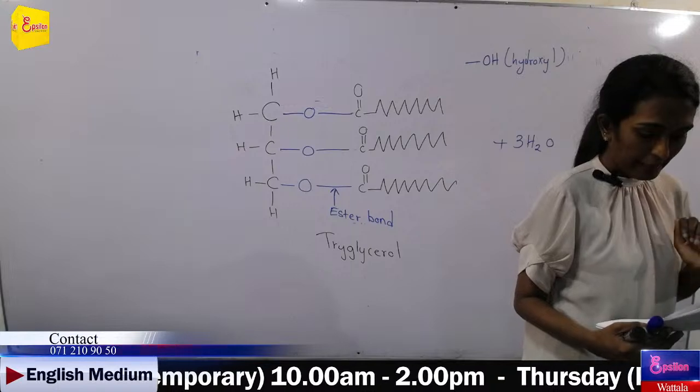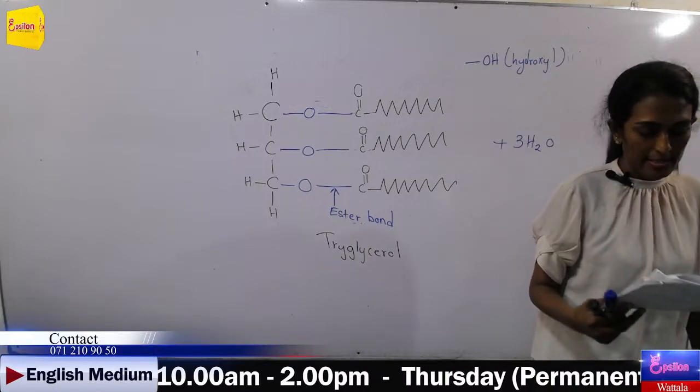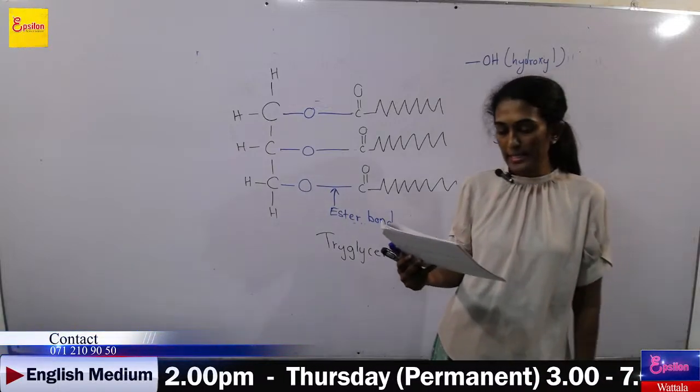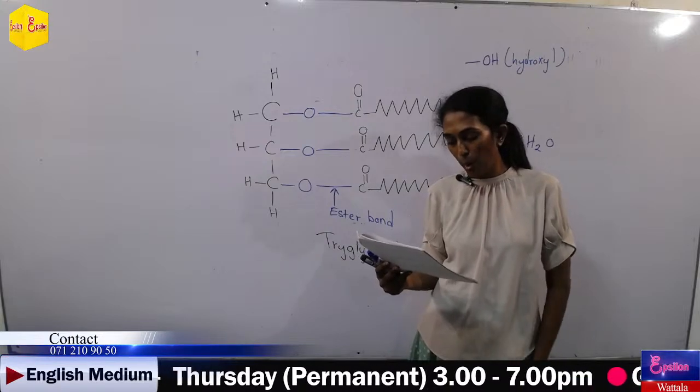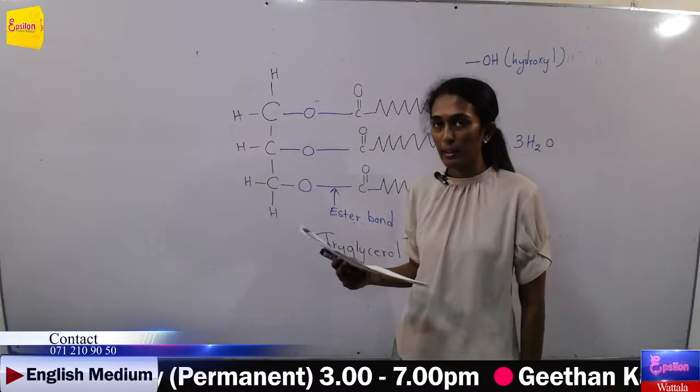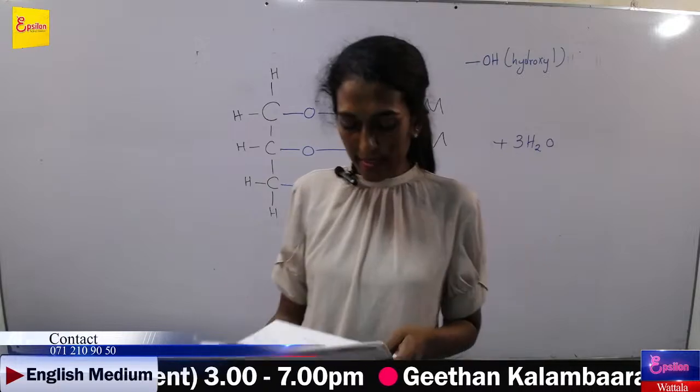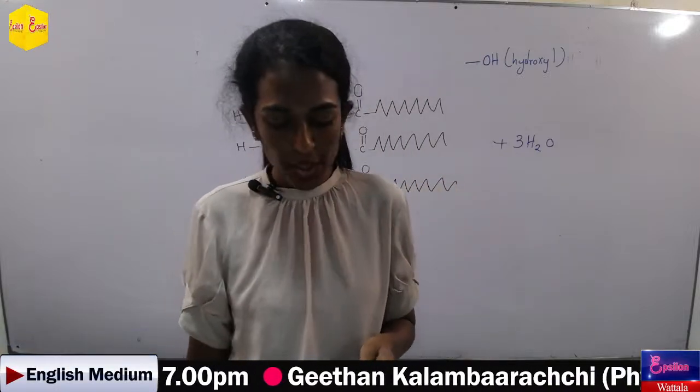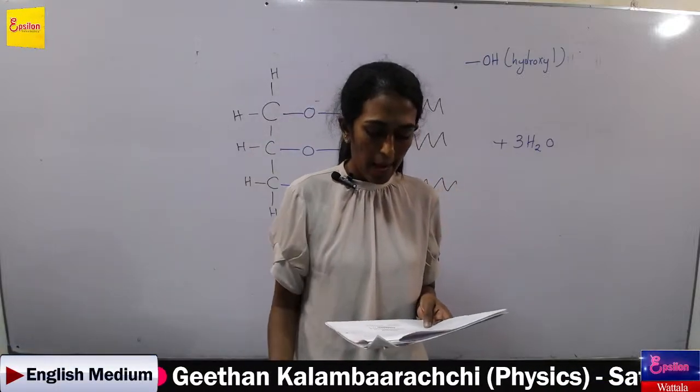Next two questions I am leaving for you to answer. Write the answers. The first question is, what is the name for the special type of bond which is formed between glycerol and fatty acids? Next question, what kind of reaction happens when these bonds are being formed?